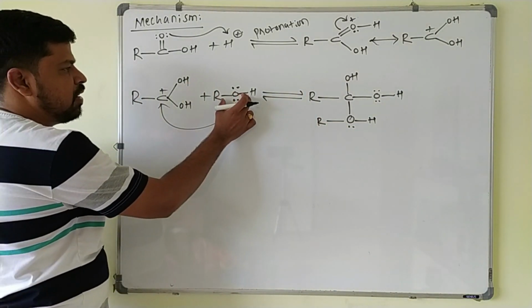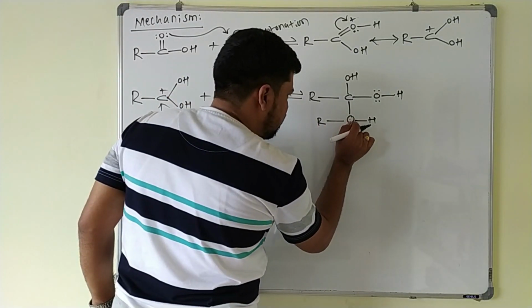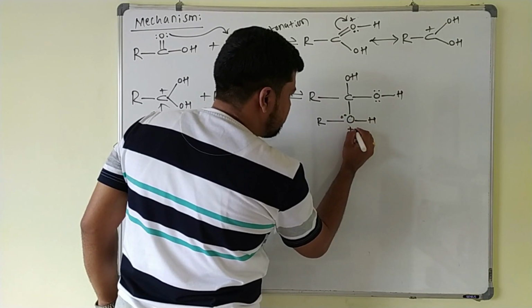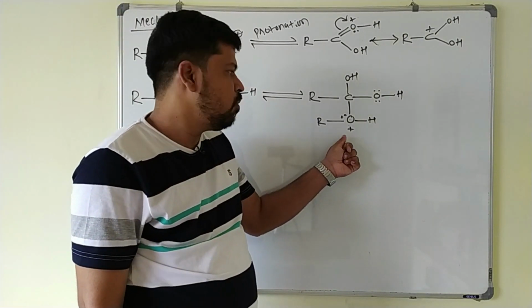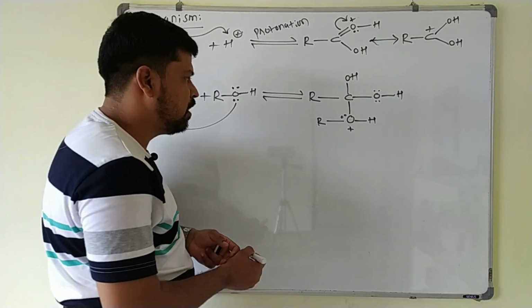This alcohol group is attached to this carbon atom with the positive charge on the oxygen. Here we will give the lone pair of electrons as it is, and this oxygen gets a positive charge. So again oxygen is having a positive charge here. Oxygen being electronegative, it cannot have a positive charge. Always keep this in mind.